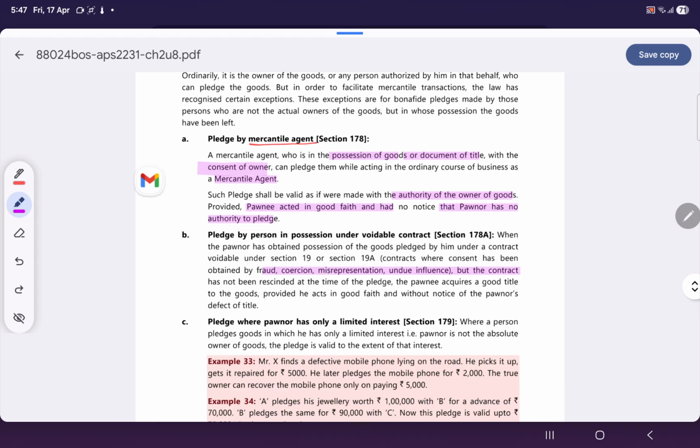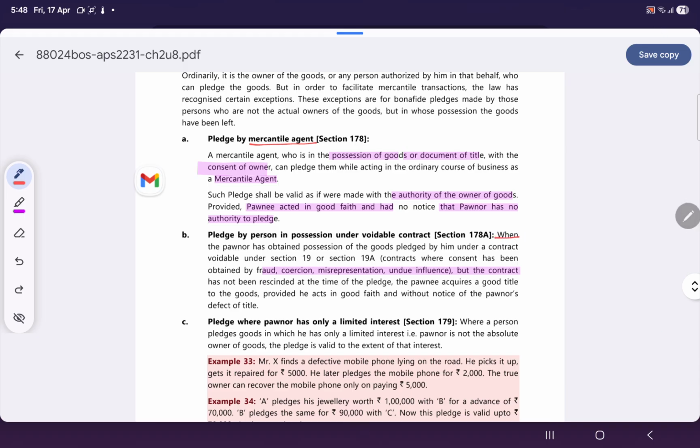The pawner gets the goods through this, and after getting goods through this, it becomes voidable in the hands of the owner, right? Now after doing all the coercion, he is pledging the goods to the pawnee.